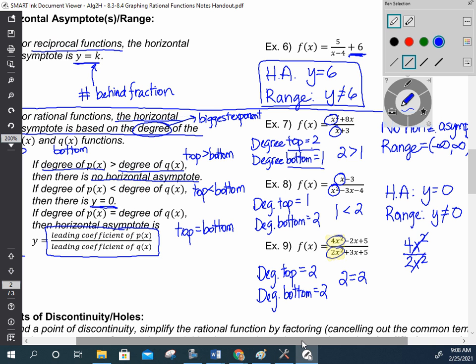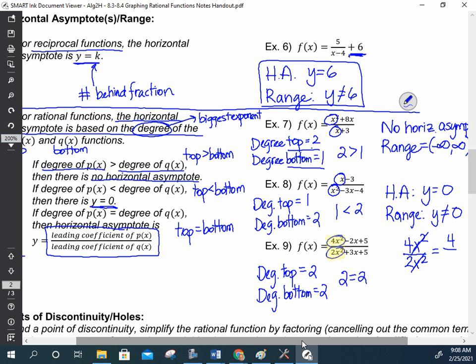Well, the x squared will drop out, and 4 divided by 2 is 2. So y equals 2 is your horizontal asymptote. And your range is y cannot equal 2.